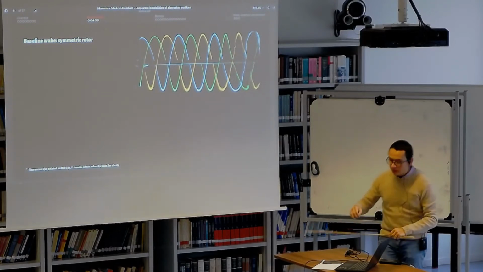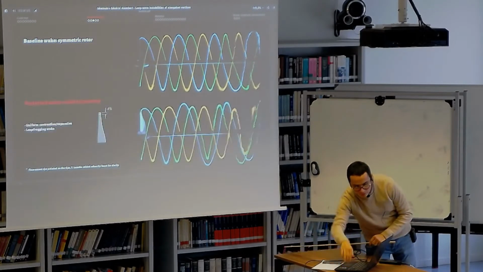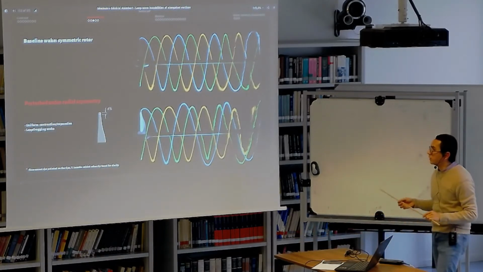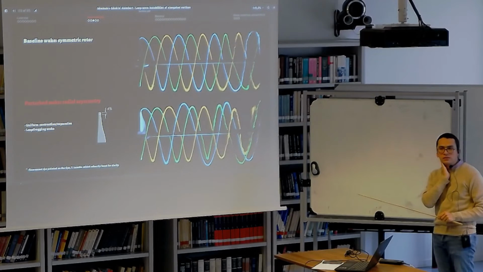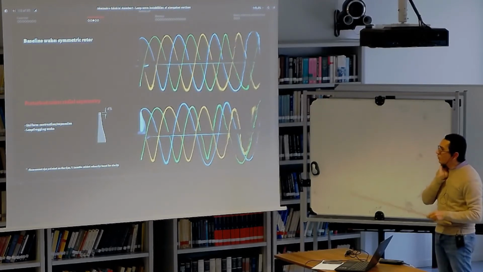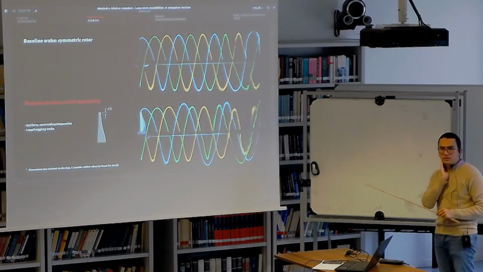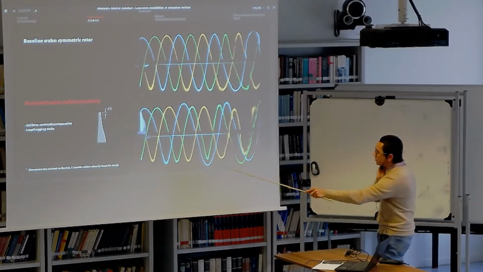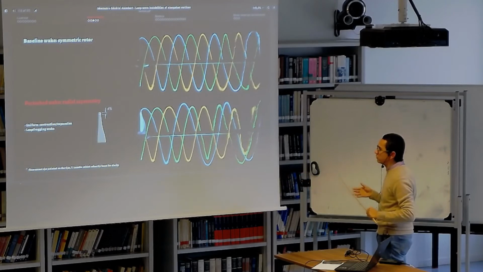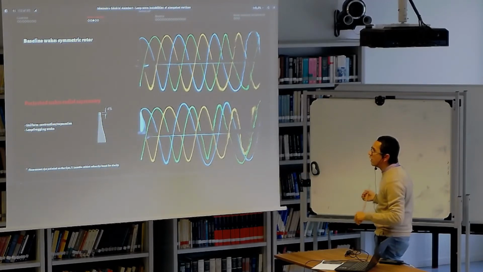Right. So now we can see how this changes when we use the symmetric rotor. You can see the structure of the wake changes a lot. It's also very consistent, so the structure itself is not going to change that much.